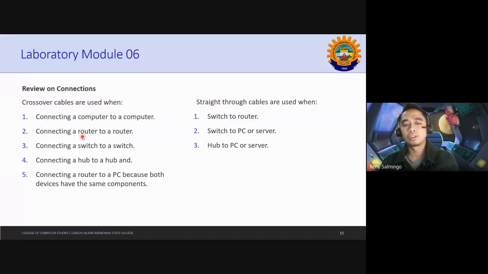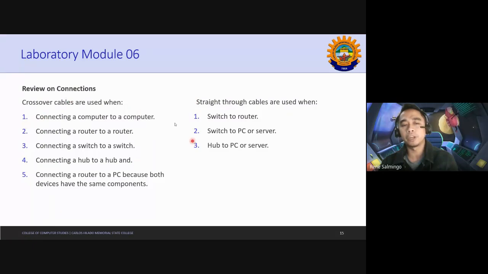Next, you're going to connect a router to a router, then connecting a switch to a switch, a hub to a hub, and a router to a PC. So you will also take note of this because these are important.